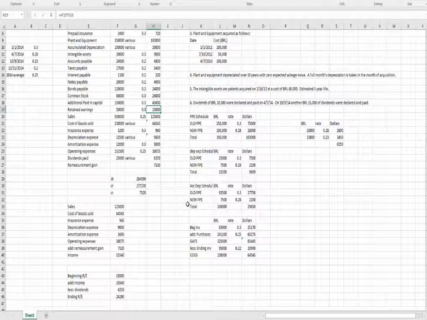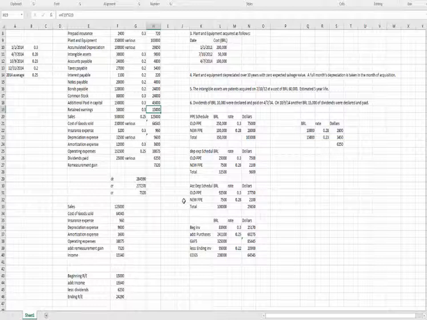In a sense, translation and remeasurement are very similar. They both generate this plug figure, either a remeasurement gain or loss or a translation gain or loss. The difference is how does that gain or loss get carried forward? Under remeasurement, the gain or loss gets buried in income and therefore buried in retained earnings.